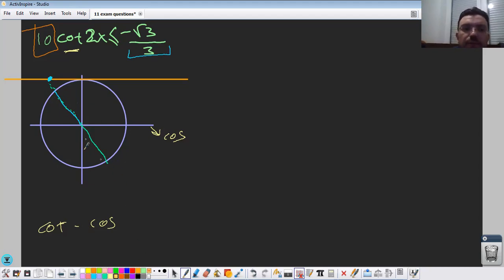Then, when it's an inequality, you are checking out of this line. Do we need smaller or bigger results in here? We check it from the question. We need right now some smaller results. So this is the point for negative square root 3/3.